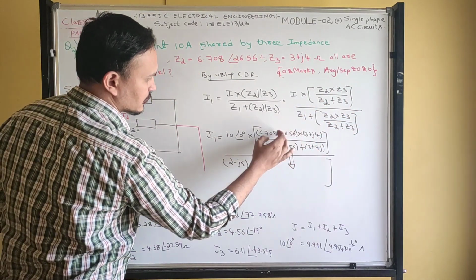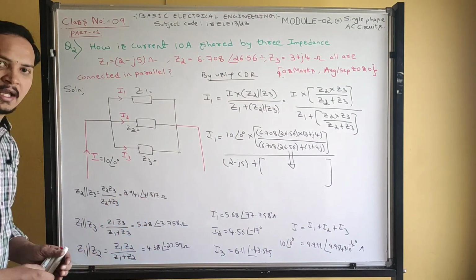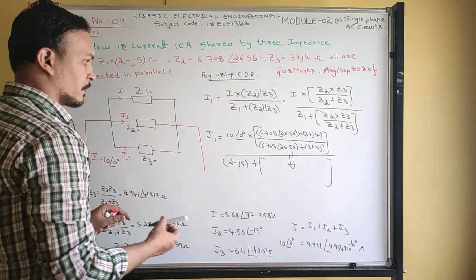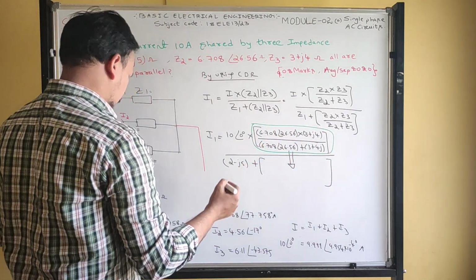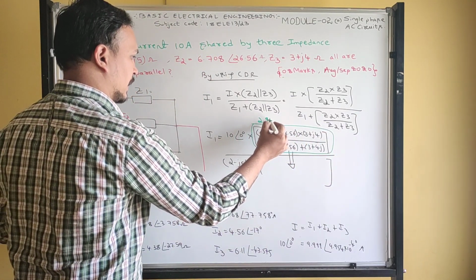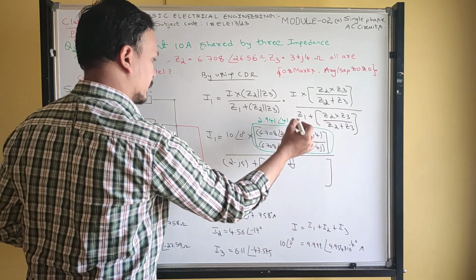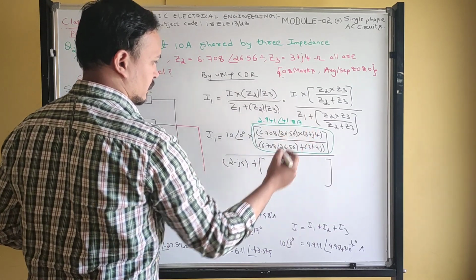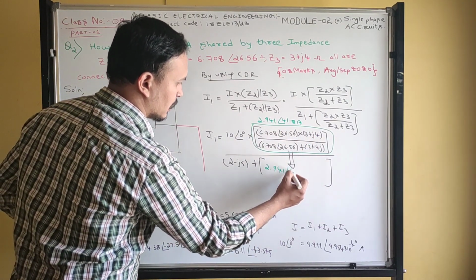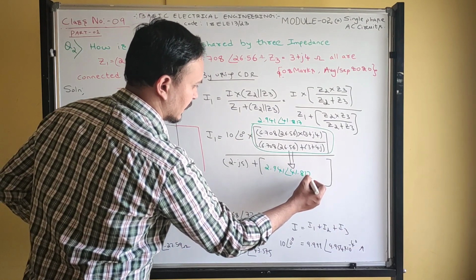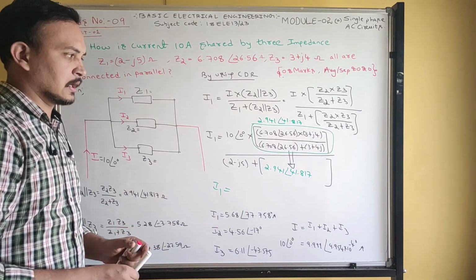If you do this in the calculator, you will get 2.941 at an angle of 41.817. Obviously this will be the same, 2.941 at an angle of 41.817.